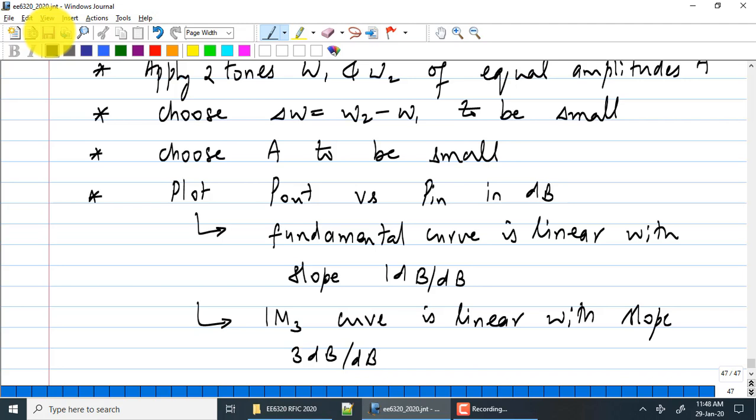No. In fact, in these curves, P out is the P out of the fundamental or the third order now. Now you are plotting on the same curve the third order, right? So we are basically not plotting total P out at all. In the case of P in, you are only applying two tones, so P in total is the same. P out, you are plotting only the fundamental.